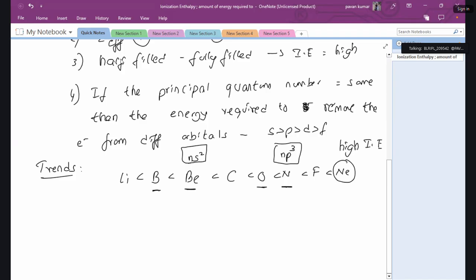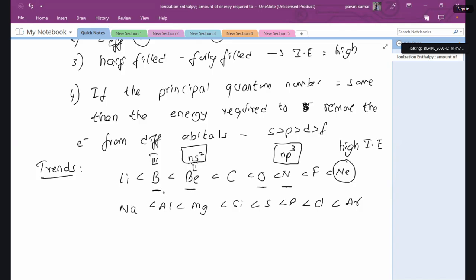Suppose you take again the third period: sodium less than aluminum less than magnesium less than silicon less than sulfur less than phosphorus less than chlorine less than argon. If you also observe, same, this is third group and this is second group.